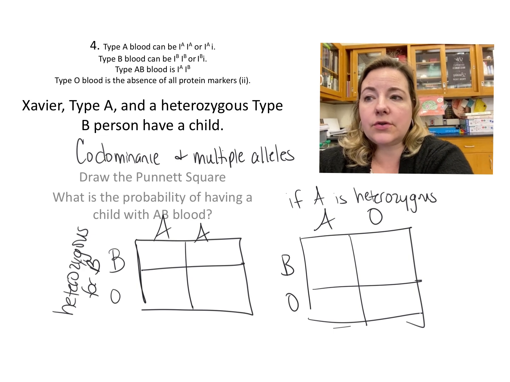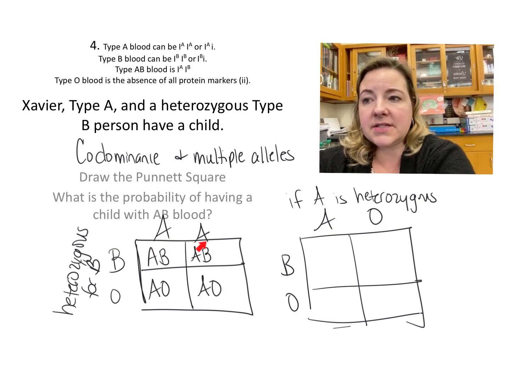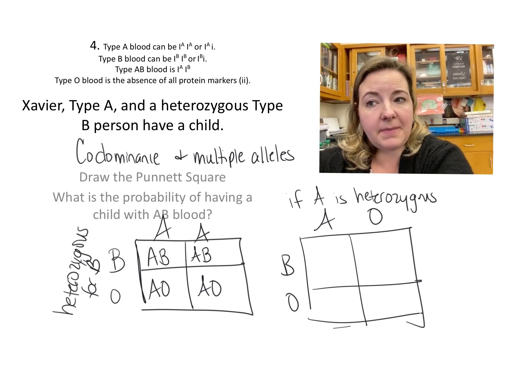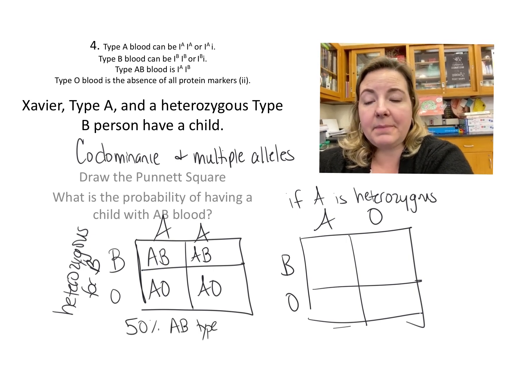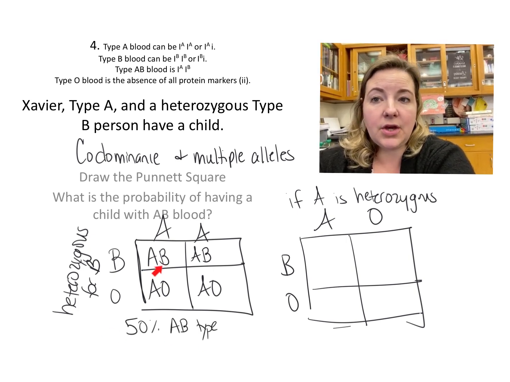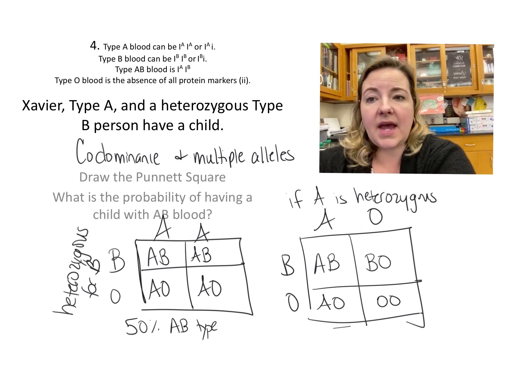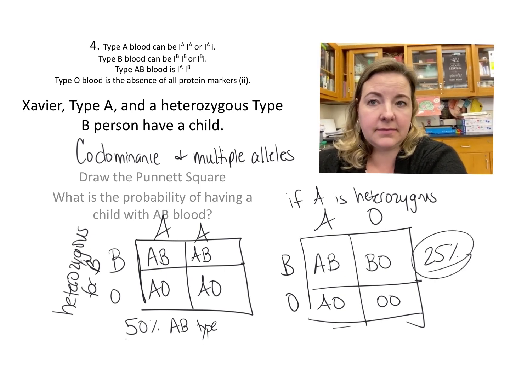So when we do this cross, we can see that if the A blood type is homozygous for blood type A, then there's a 50% chance in that Punnett square of having blood type AB, whereas if the individual with blood type A is heterozygous, then we only have a 25% chance of having blood type AB.